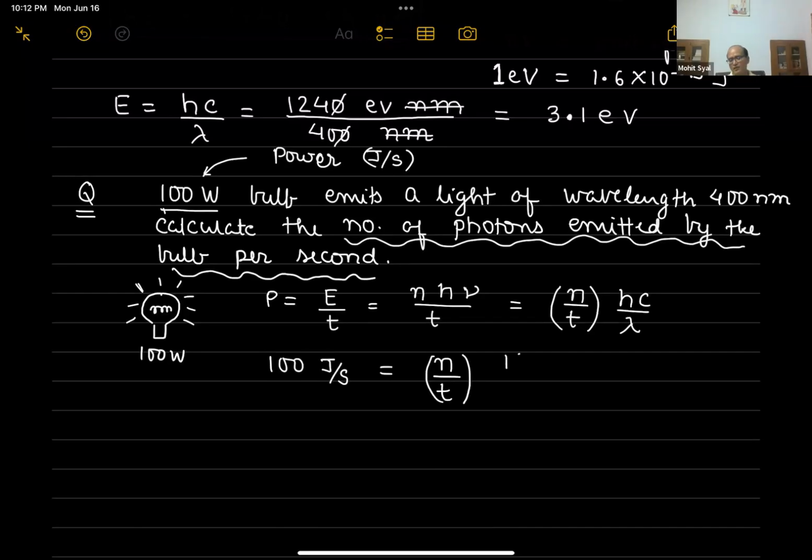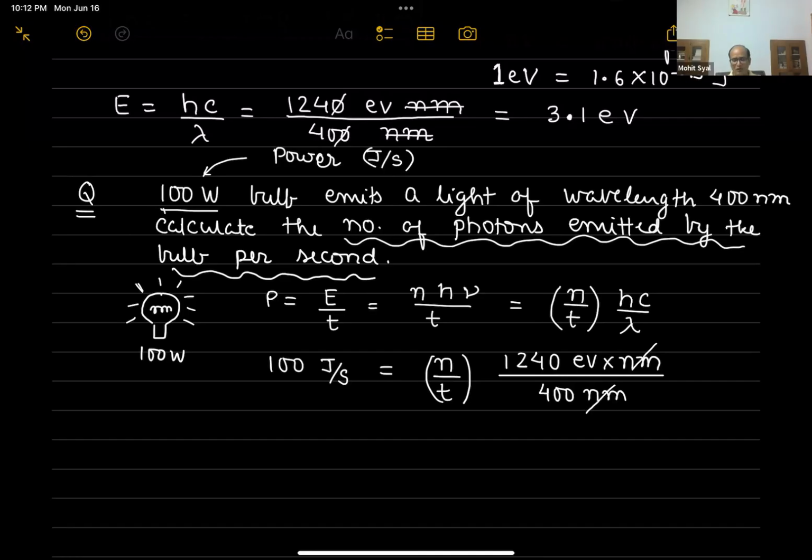Now you have to be very careful. The energy of a photon is 1240 electron volt nanometers divided by lambda. Lambda is how much? 400 nanometer. This nanometer is not going to cause any problem because it will get cancelled.